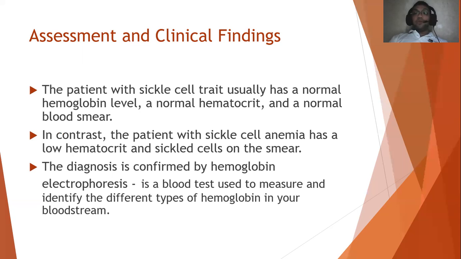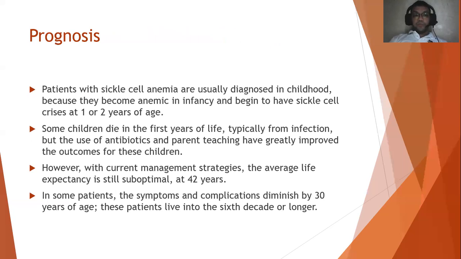It is a blood test used to measure and identify the different types of hemoglobin in our bloodstream. So, the confirmatory diagnosis of sickle cell anemia is hemoglobin electrophoresis. Take note, again, that is hemoglobin electrophoresis.